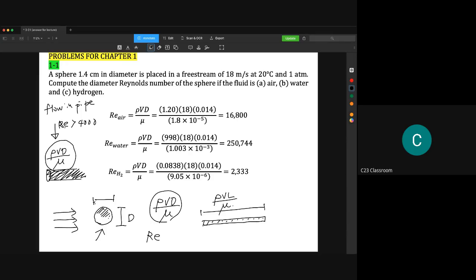However, for this condition, because the flow is around a bluff body, we need to use the range where, if the Reynolds number is greater than 5 times 10 to the power of 5, then we could assume that the flow is 100% turbulent. So the equation is still the same, but you need to know what condition the flow is in.